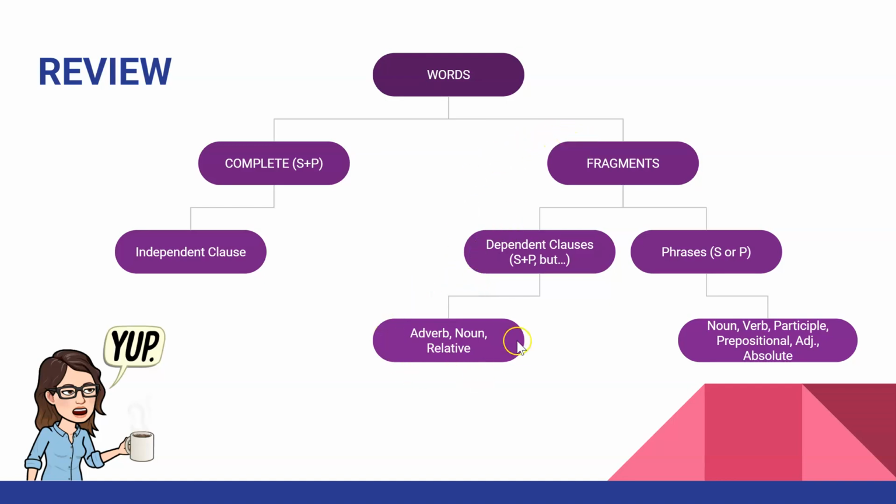Today, again, we're focusing on clauses in this video, so we're going to look at types of dependent clauses the most. Maybe they have a subject and predicate, like a noun and main verb, but something is up with them and they are not complete and they can't stand alone. So again, we're about to check out adverb, noun, and relative clauses in addition to independent versus dependent. So here we go.